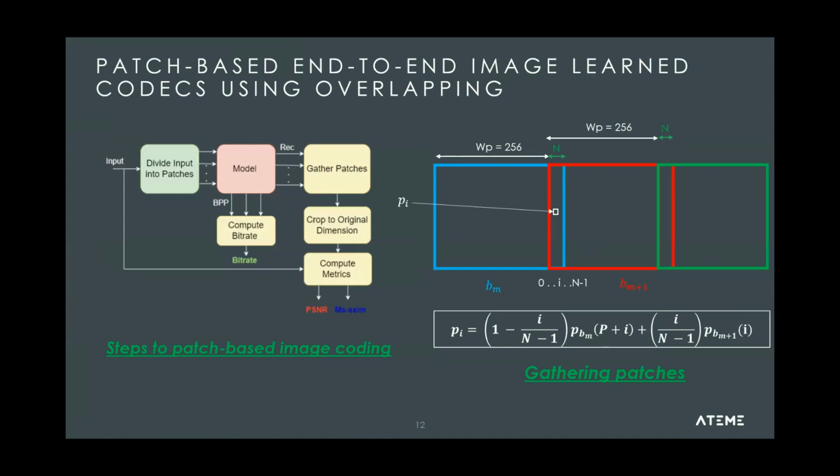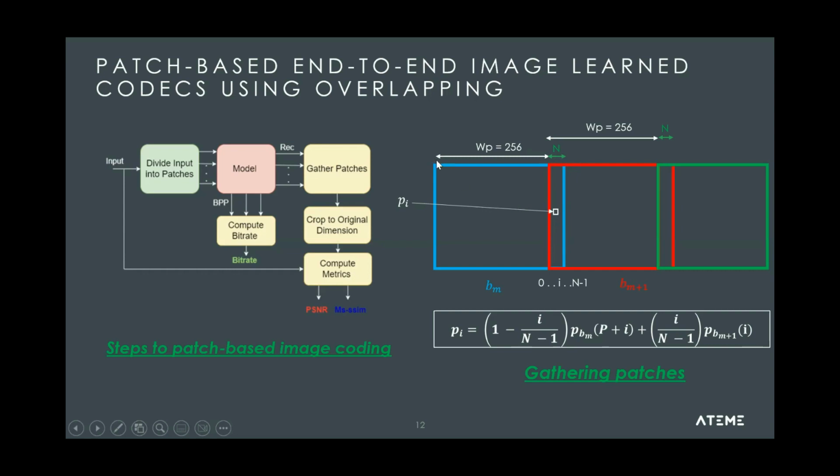So after we have all our patches reconstructed, we need to gather them in order to have the whole decoded image without the border artifact. So what we do is, at the overlapping area, we use a linear function to eliminate the border artifact.